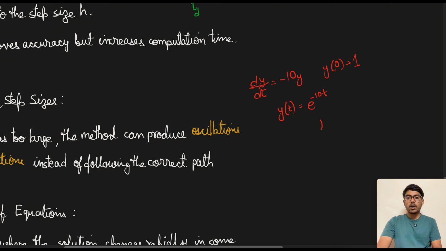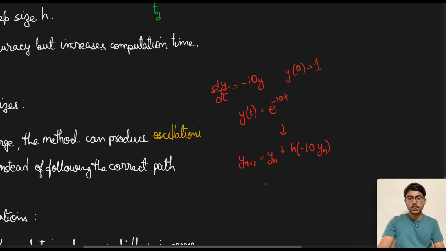But if we now apply Euler's update rule, we'll get y_{n+1} equals y_n plus h times minus 10 y_n, which boils down to y_n times (1 minus 10h).